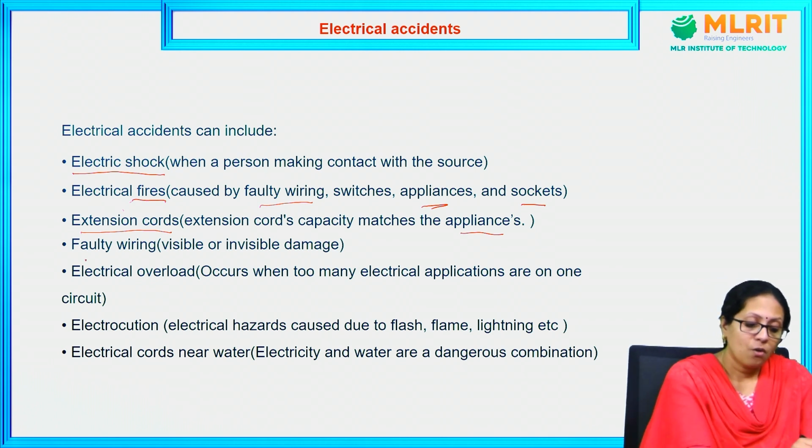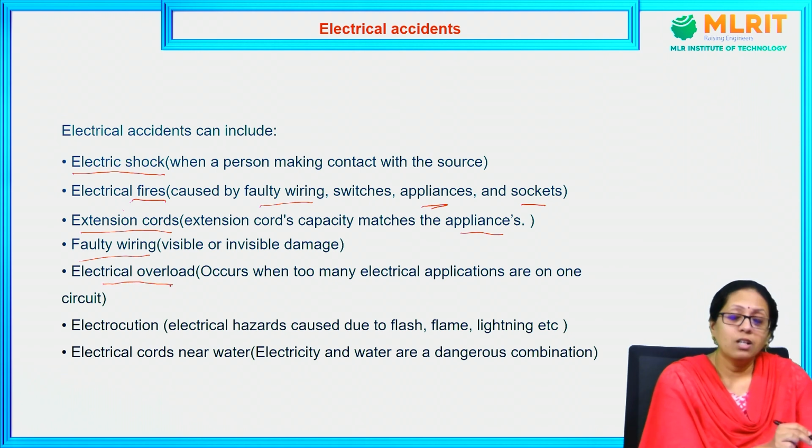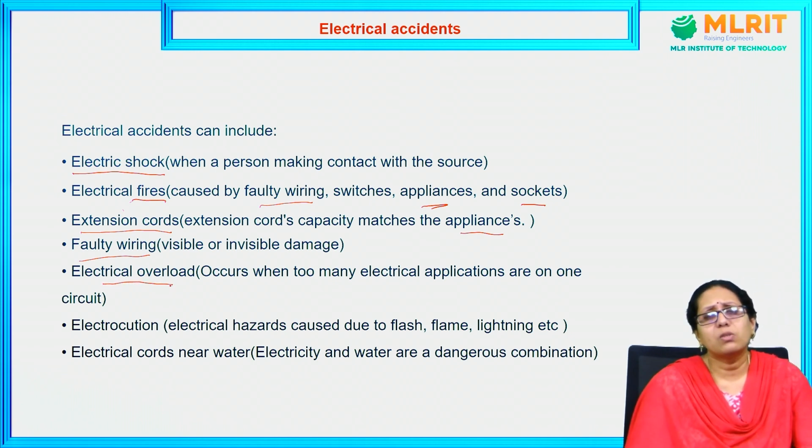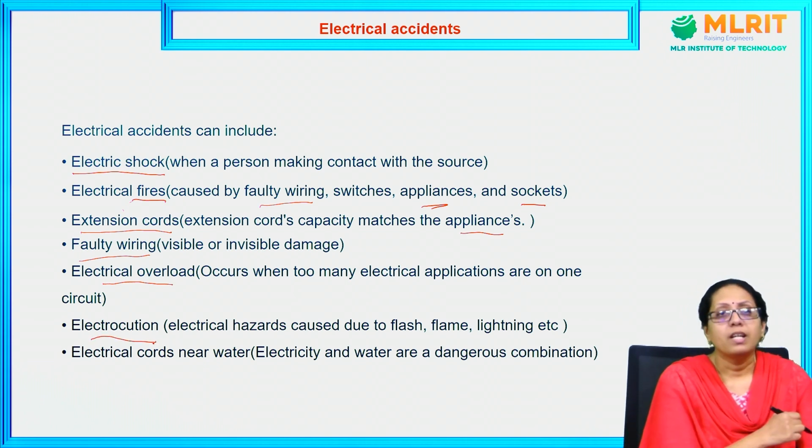Next one is faulty wiring. The faulty wiring may be a visible or invisible fault. Next one is electrical overload. This occurs when too many devices are connected to the same socket or same box. Next one is electrocution.